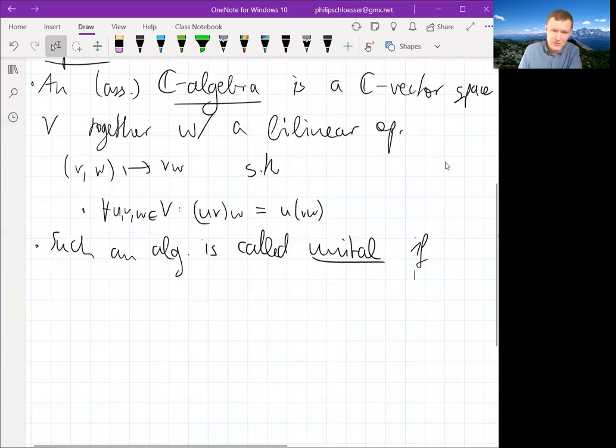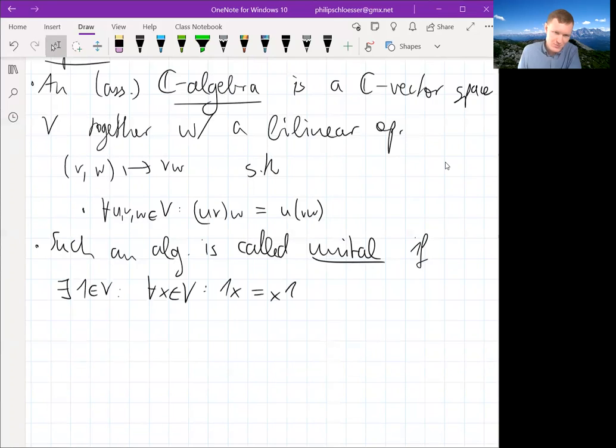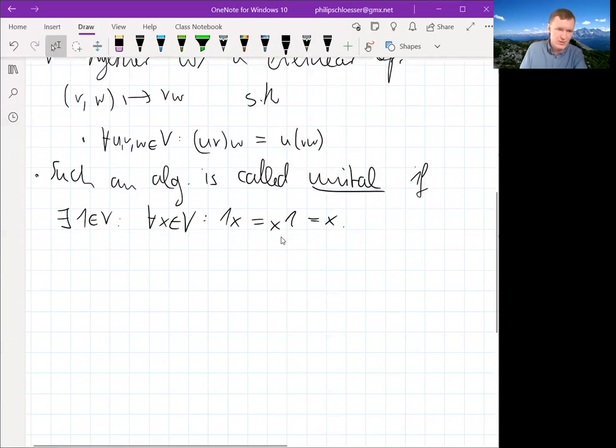So if there is an element called 1 such that this thing behaves like we would expect a 1 to behave: 1 times x is equal to x times 1 is equal to x. In other words, we could say an associative C algebra is a ring that contains C in its center. And examples.